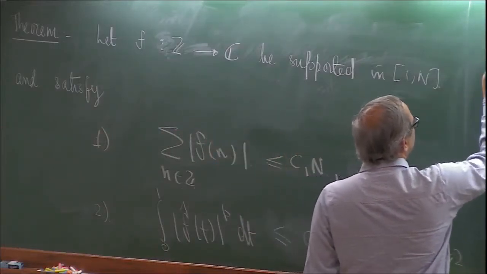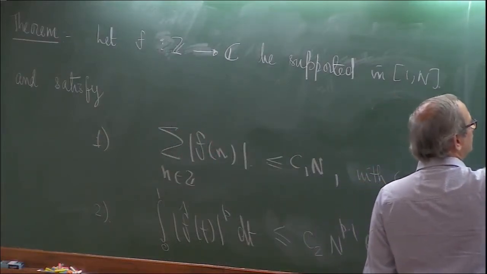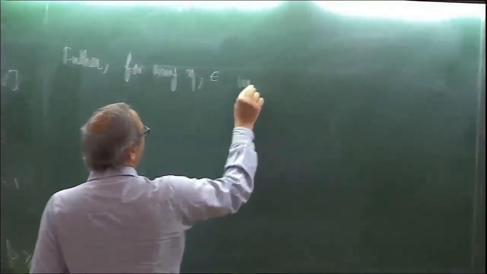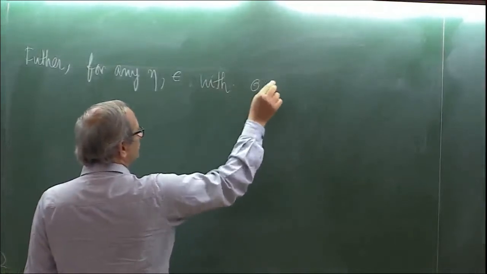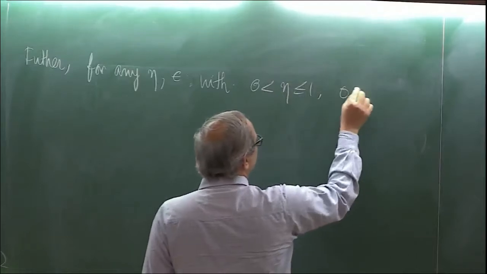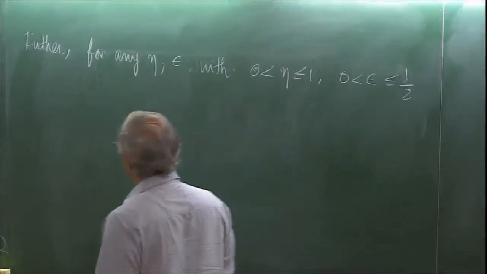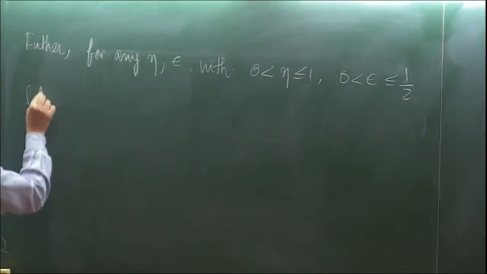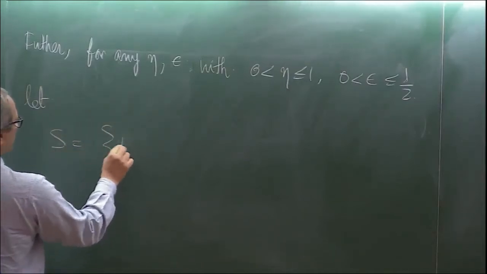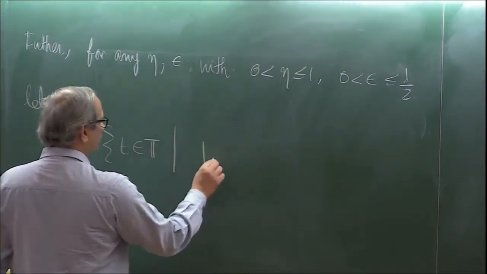Further, for any eta, epsilon with 0 less than eta less than 1 and 0 less than epsilon less than half, let S be the set of t in T such that the Fourier transform is large.